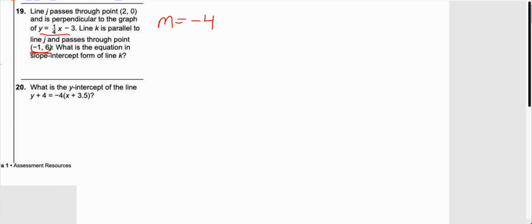All right, so y minus 6 equals -4 times x plus 1. Then solve it for y.